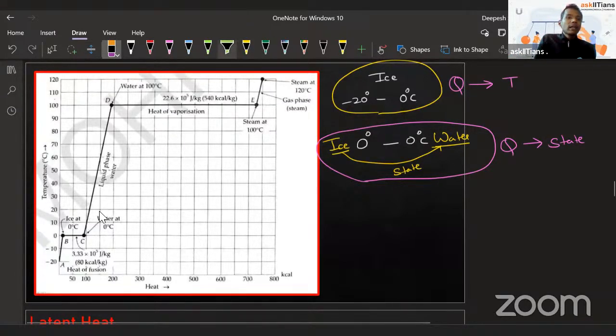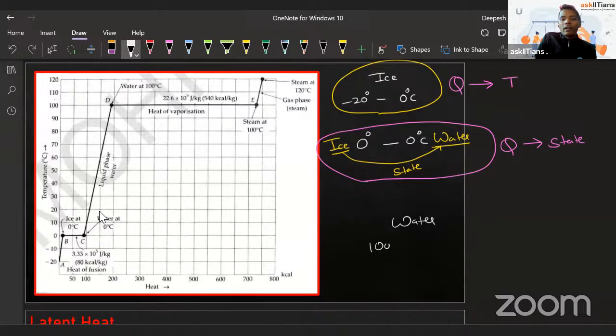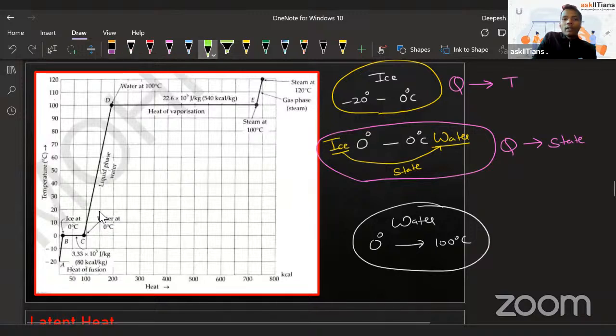But again, it gets stuck in this region. Why is it getting stuck in this region? Because when we took water from 0 degrees Celsius to 100 degrees Celsius, during this process the amount of heat we were giving went in increasing the temperature.